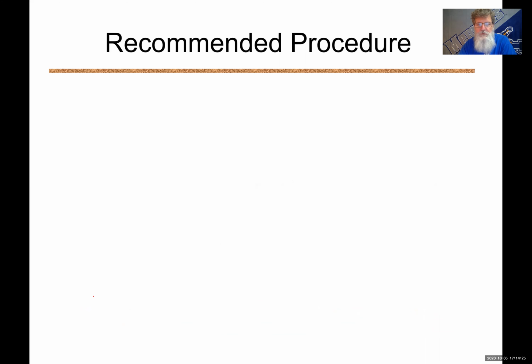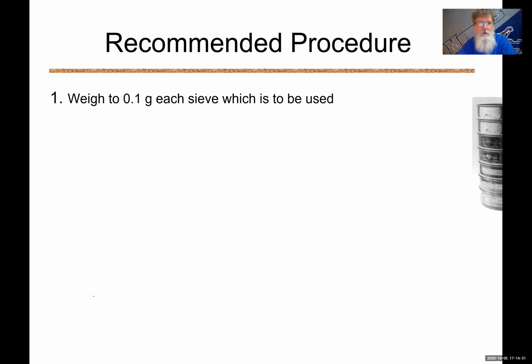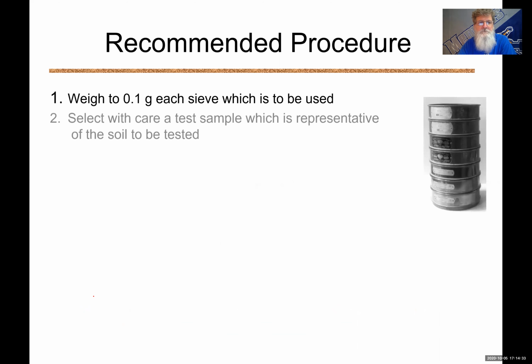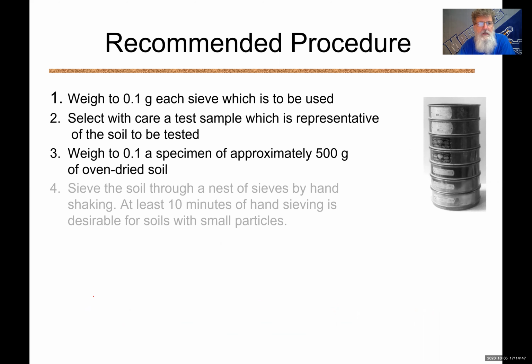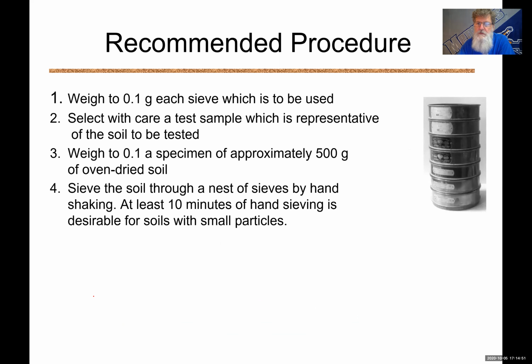So this is our recommended procedure for how to do the sieve analysis. We'll weigh each sieve empty to 1/10 of a gram, the accuracy of our scale. We'll get our soil sample, trying to select one that's uniform and representative of the group. We'll weigh that. You want at least 500 grams. You don't have to have exactly 500 grams, but around 500 grams. Then we'll put the material into the sieve and put it into the machine and let it shake.